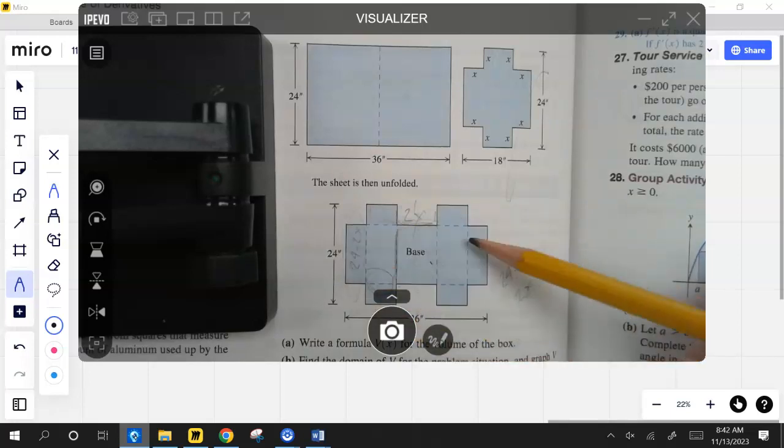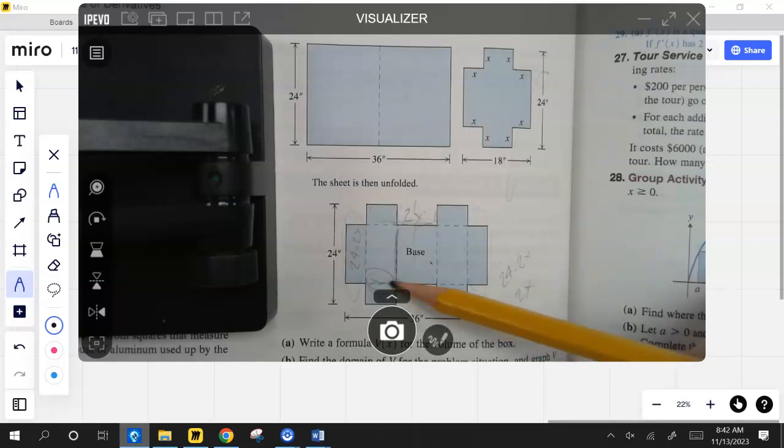This is half of the top piece. This is half of the top piece, right? So what is this length? Well, it was 36, right? Half of it, you're right, was 18, but I took off an x and an x, so the height is 18 minus 2x. That makes sense to everybody. Was the problem with this one coming up with those, or was it the whole thing?